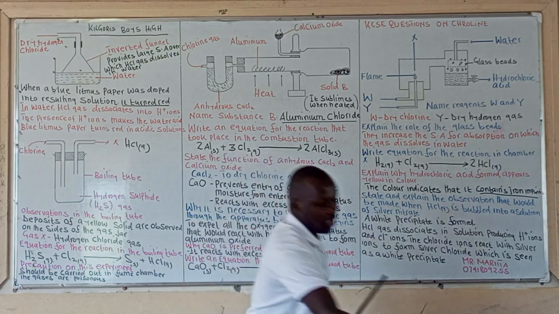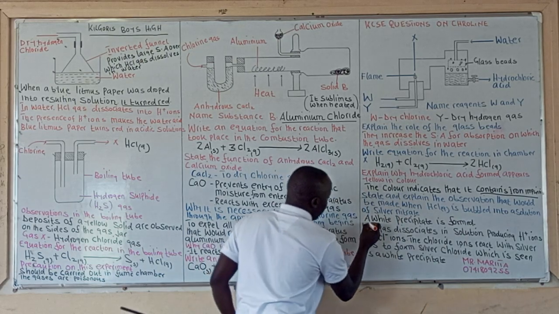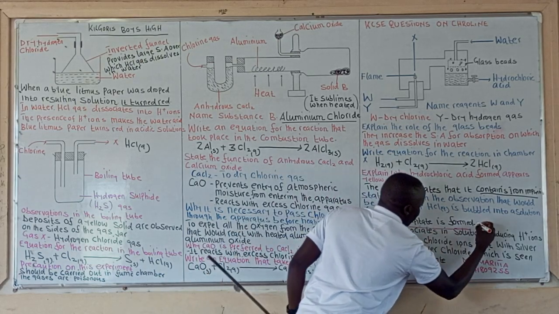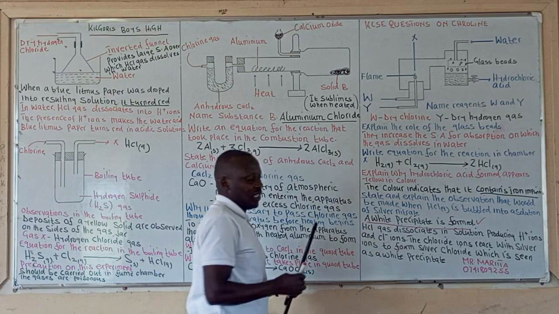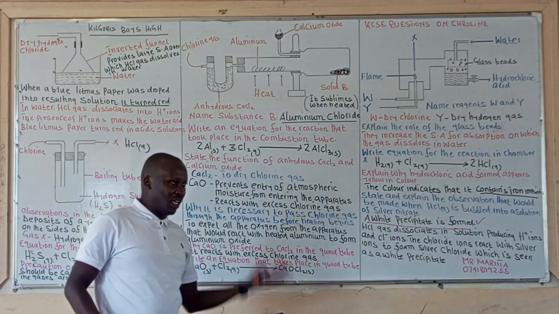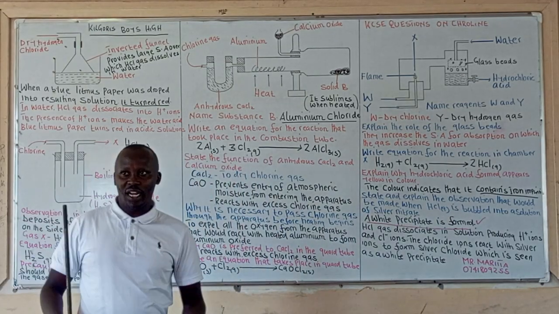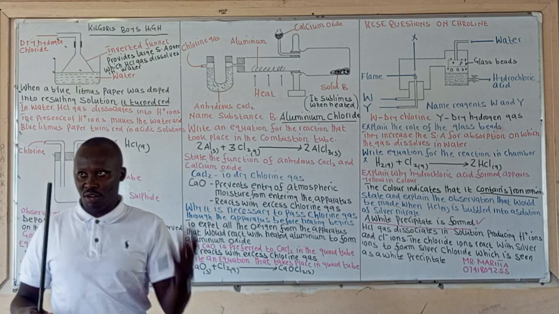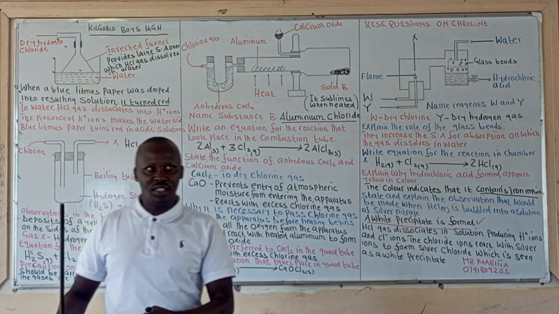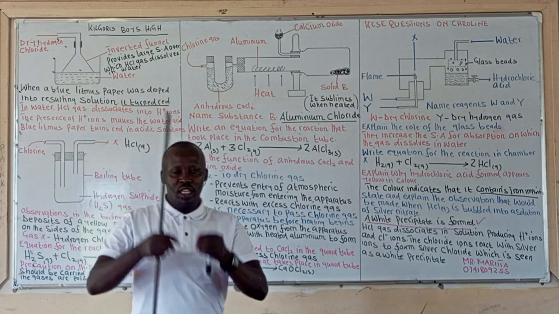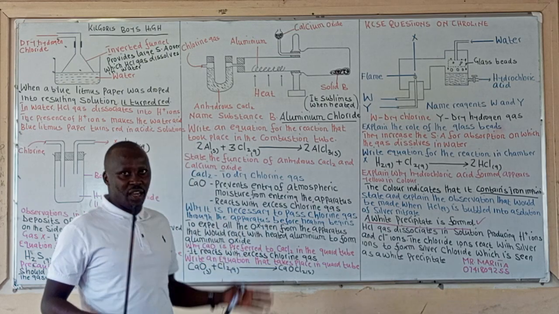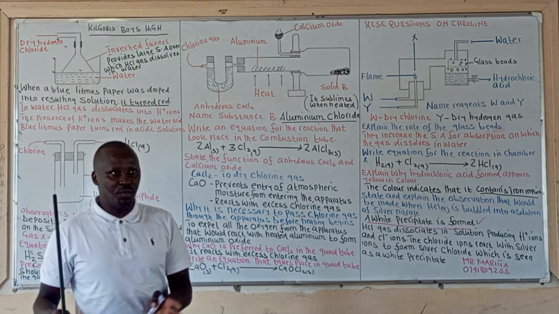And why do we have the white precipitate? Hydrogen chloride gas dissociates in solution to form hydrogen ions and chloride ions. The chloride ions combine with the silver ions and then form a white precipitate.